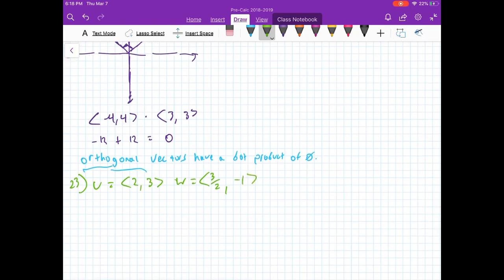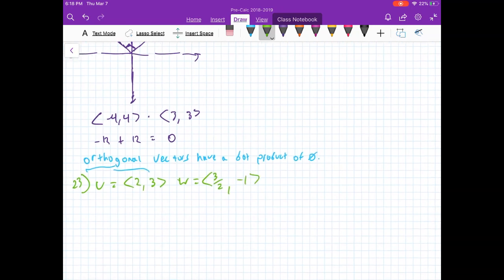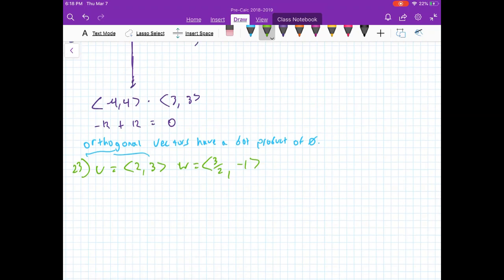If they're truly orthogonal, their dot product would be 0. So to prove it, we have to show that the dot product of u and w equals 0. Let's see if this is correct.